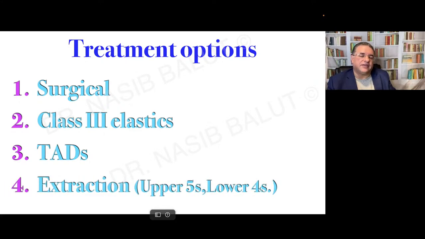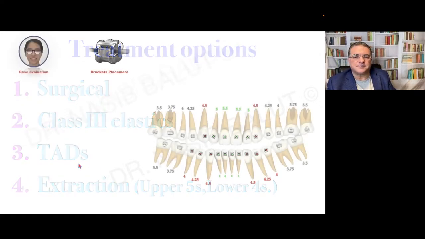And if none of this works, then I will decide to do extractions, upper 5s, lower 4s. I don't like to do that much, but this is my last option. This is my ideal option. So I have these options to treat this case.